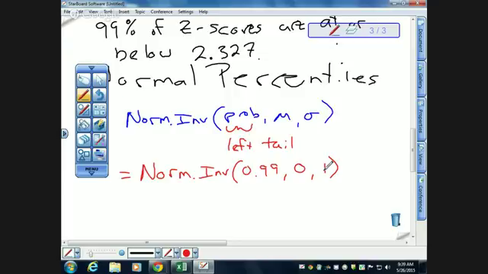And my computer to 3 decimal places told me that was 2.326, which is close to the number I have above. So I could just double check that.